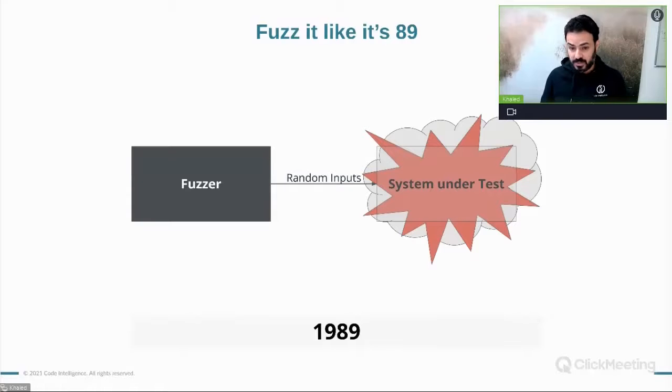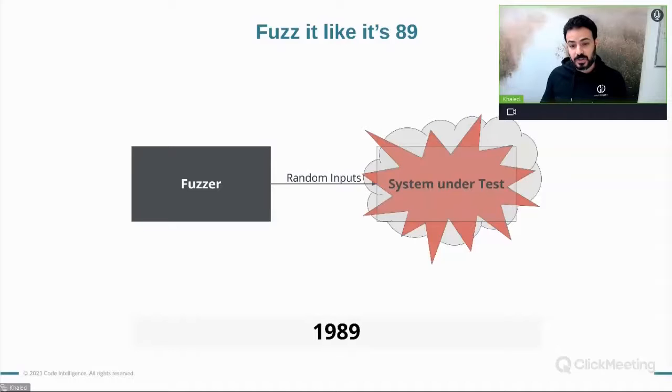And when this happens, then we have found a bug, and we have found a concrete input that triggers this bug. This is how fuzzing actually started more than 30 years ago, and it was able to find many bugs in Unix utilities.